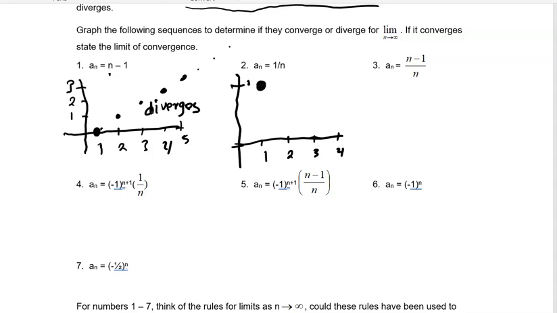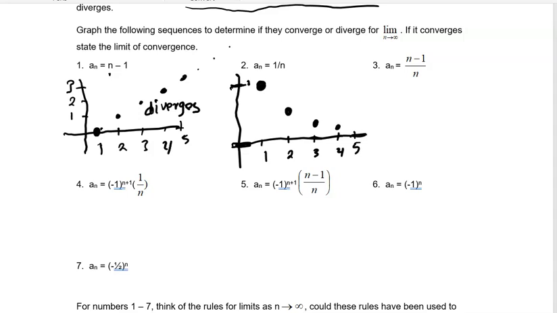If we want the second term in our sequence, you'd plug in a 2. That would give us 1/2, which would be right in the middle of the 0 and the 1 here. Take your 3, you're going to get 1/3, so we'd be right around here. Take your 4, plug it in. 1/4 is 0.25, so it's a little bit lower than that.